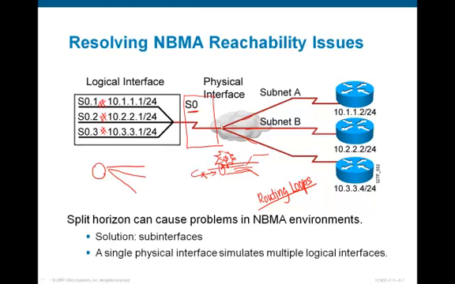Now, because of that deployment, the circuits are no longer coming in on the same interface. They are coming in on different logical interfaces. So you come in on one logical interface, you are able to go out to a different logical interface. So this is how to prevent routing loops in a hub and spoke deployment.